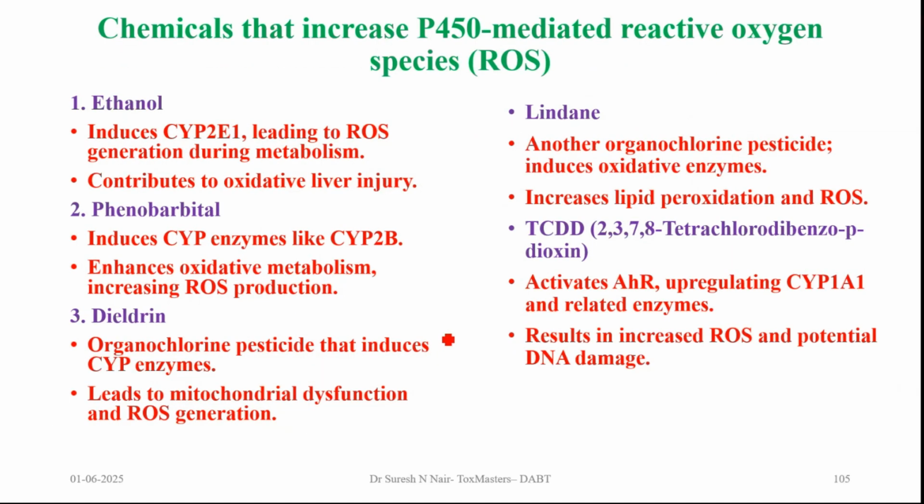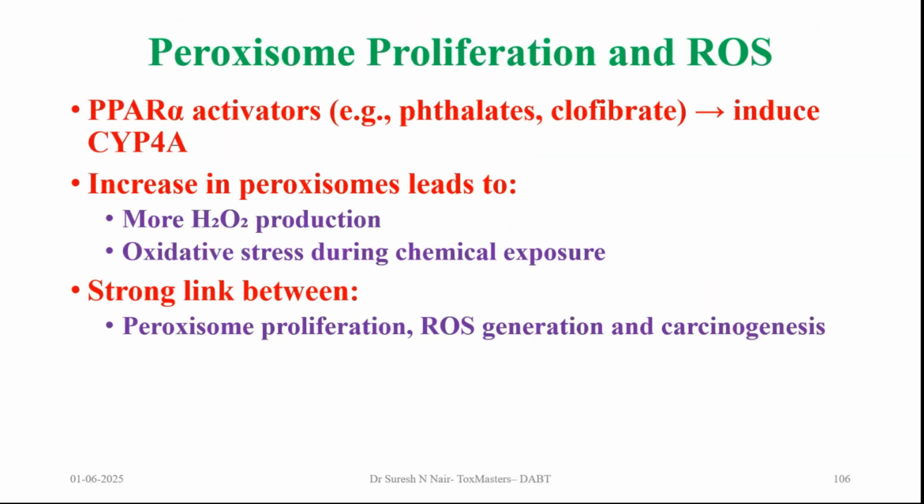Now, the chemicals that increase ROS are the chemicals that activate the ROS system by these mechanisms. Then peroxisome proliferation and ROS. I already mentioned the PPAR alpha activation, or peroxisome proliferation, which is one of the classical pathways by which phthalate and clofibrate induce the cytochrome 4A subunits, and that will increase peroxidase levels, which will lead to more hydrogen peroxide and increased oxidative stress.